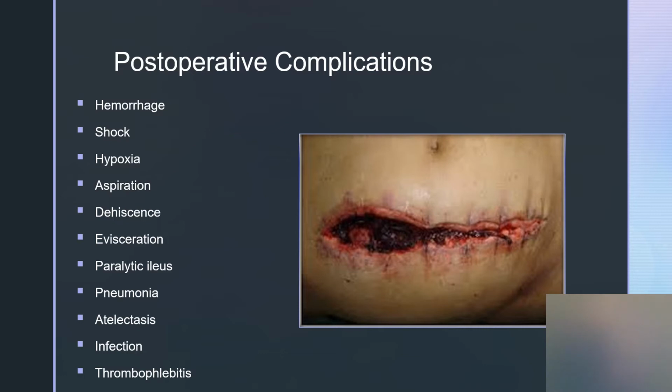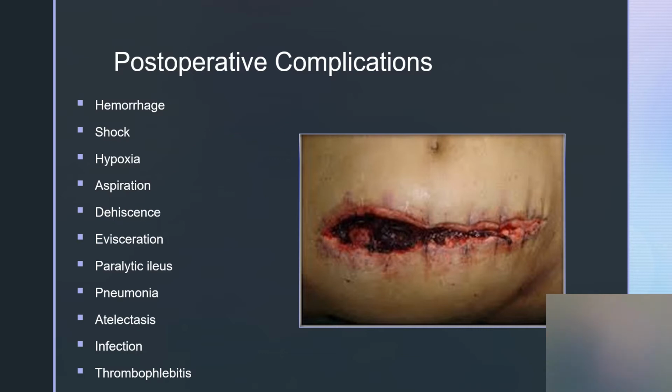Aspiration from saliva, mucus, vomitus, or blood can also occur until the client is awake and able to swallow without difficulty. So it's necessary to have suction equipment at the bedside. The nurse will assess for difficulties in swallowing, and sometimes a side-lying position might be helpful to prevent aspiration.